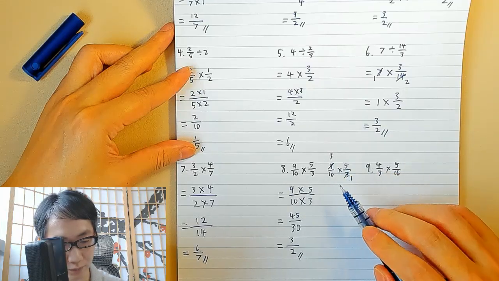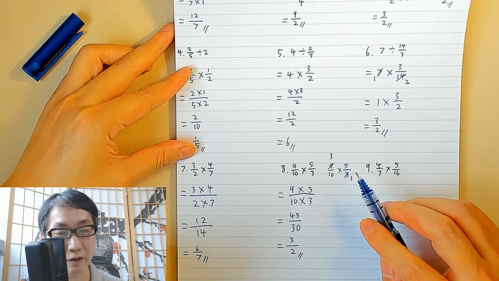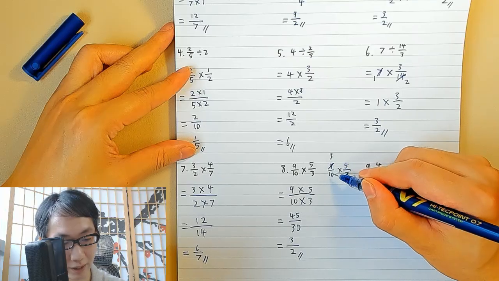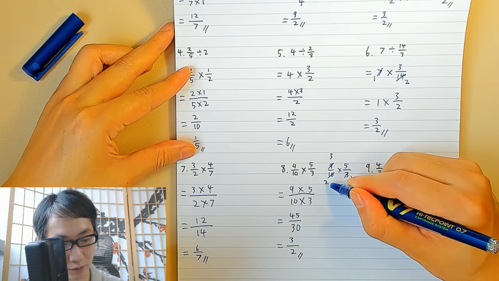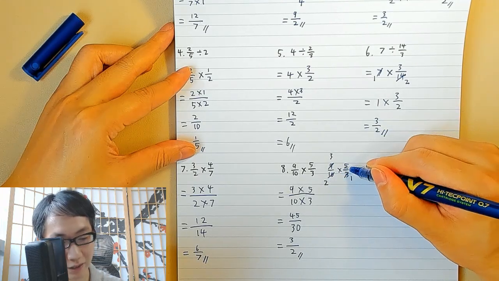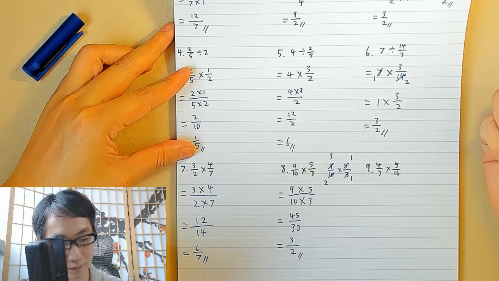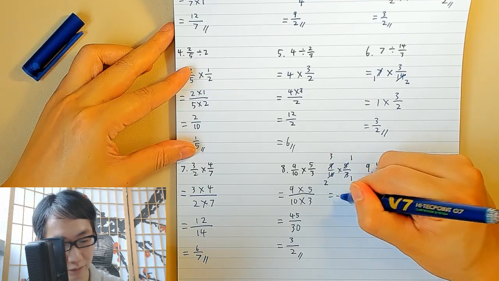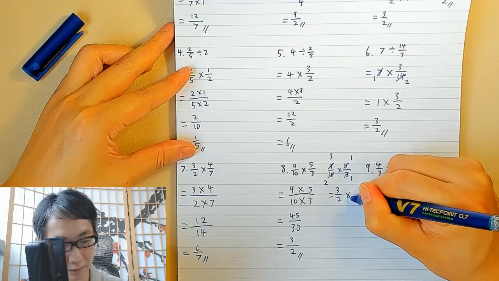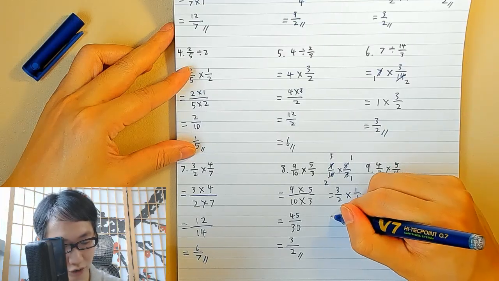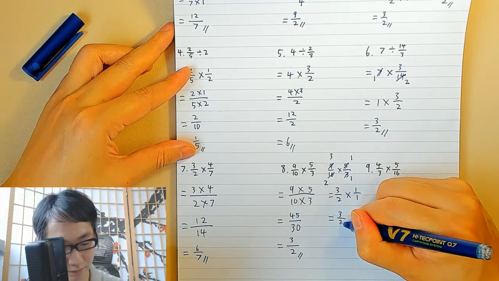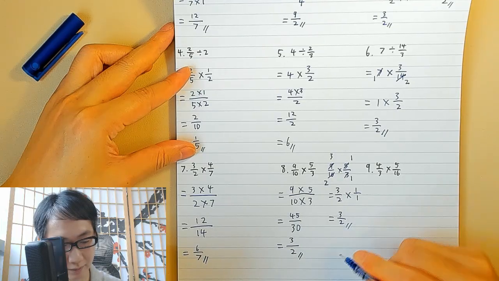For these two, 10 and 5 both have a factor of 5. So 10 divided by 5 is 2, and 5 divided by 5 is 1. Then we have 3 over 2 times 1 over 1, which is 3 over 2. And we arrive at the same answer.